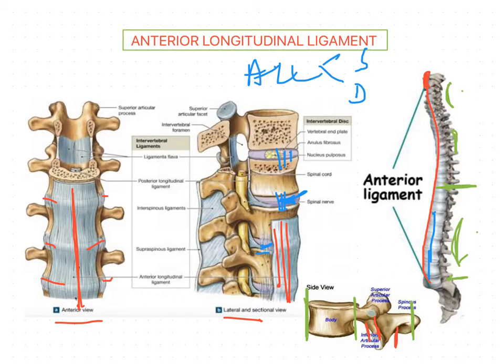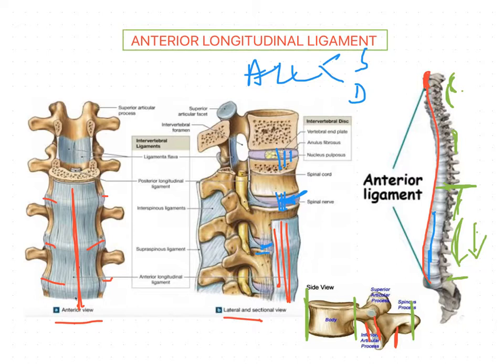The tensile strength of the ligament is greatest at the high cervical region, that is C1, C2, C3. The tensile strength is greatest at the high cervical, lower thoracic, as well as the lumbar regions. Out of these three, the lumbar region has the greatest tensile strength because of the thickness and width of the anterior longitudinal ligament.